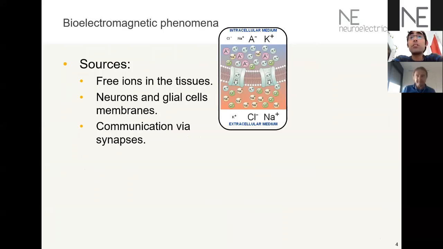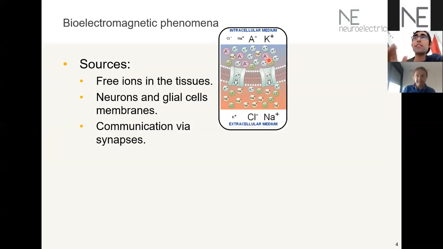In the brain, the neurons and glial cells have proteins in their membrane, and these proteins can regulate the flow of ions across the membrane. By doing so, they can generate and regulate the membrane voltage difference between the inner and the extracellular medium, and that's called the transmembrane potential of the cells.